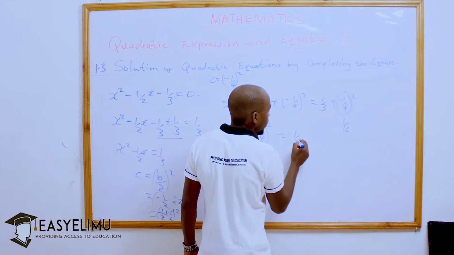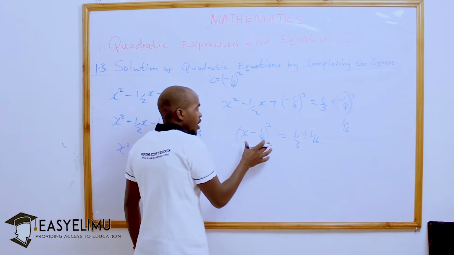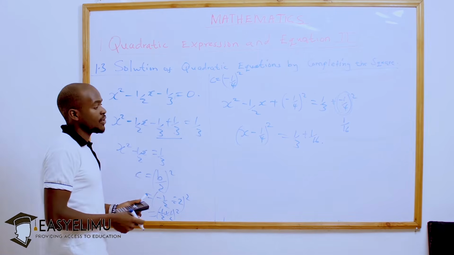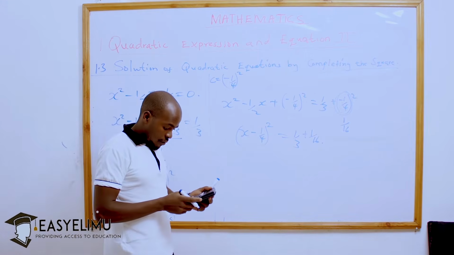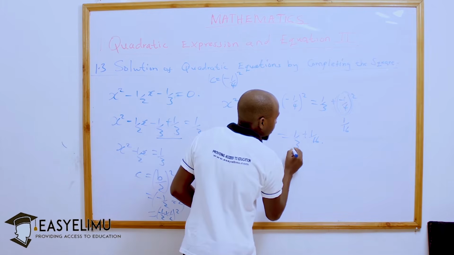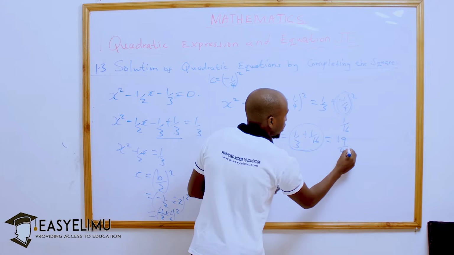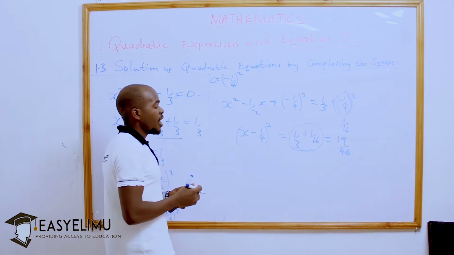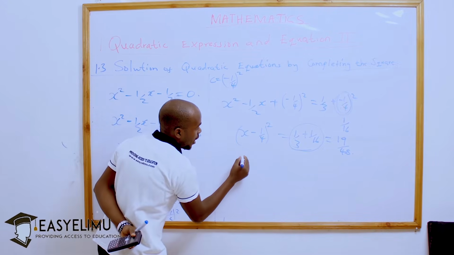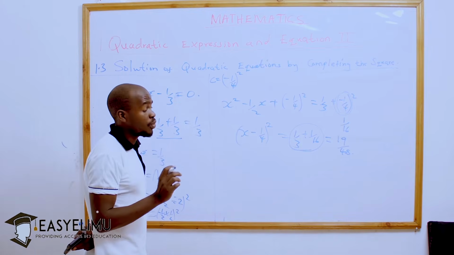So we have a third plus 1 over 16 is equal to x minus a quarter squared. On this part alone, that gives us 19 over 48. If we need the value of x, then we are required to find the square root on both sides.